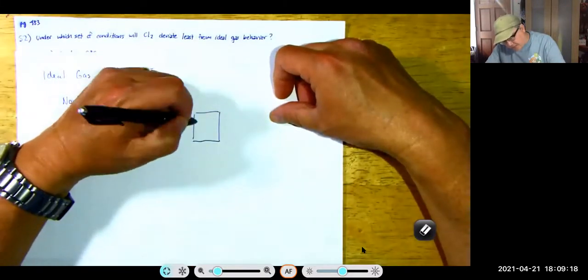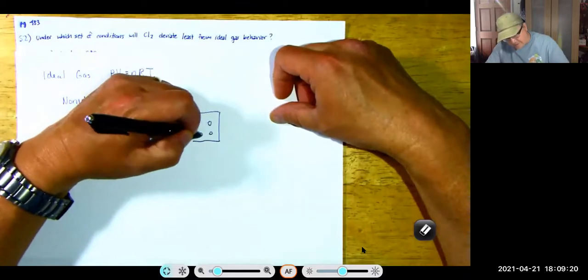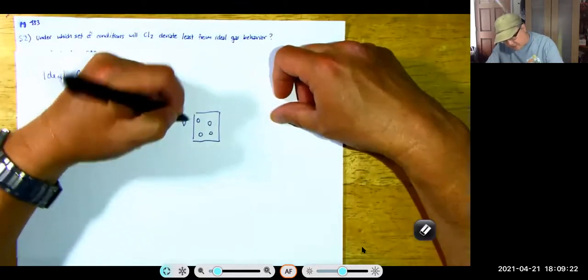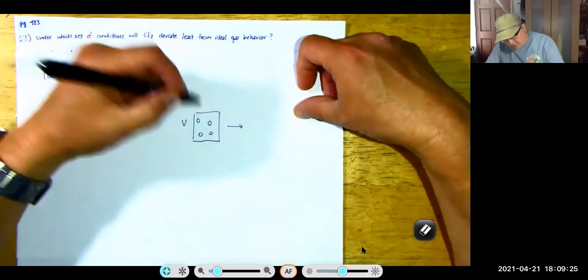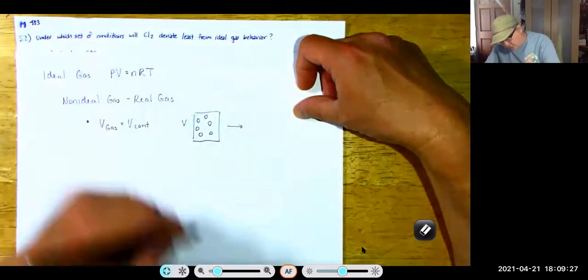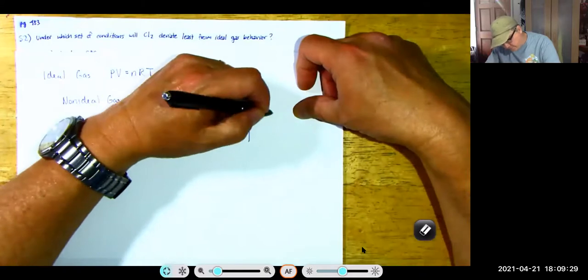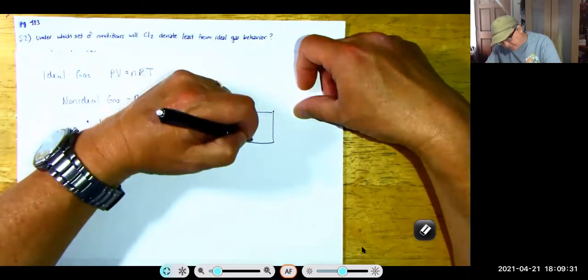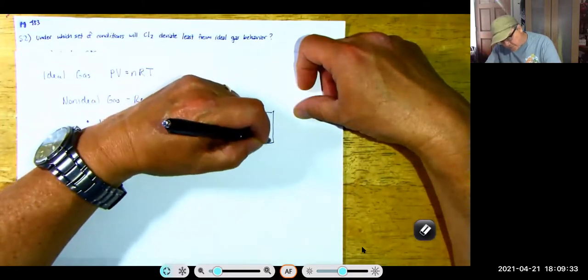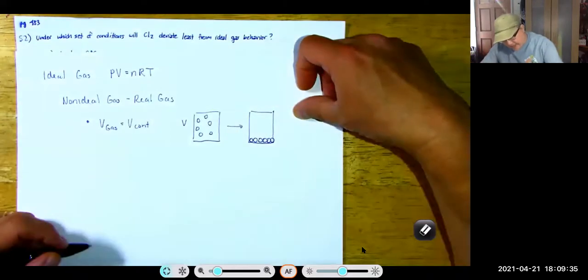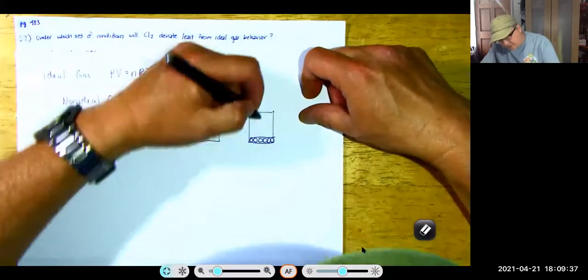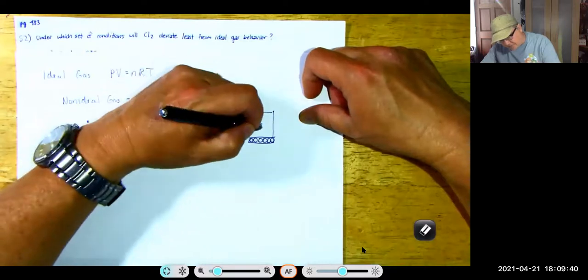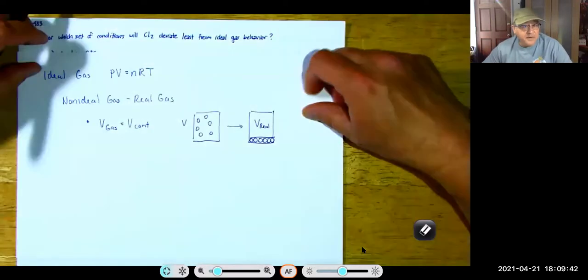So if these are your gas particles moving around, and this is the volume of your container, what happens if you take these particles and you condense them? So you don't let them move around. So here's the particles, and this is the real volume of the container that the gas particles have to move around in.